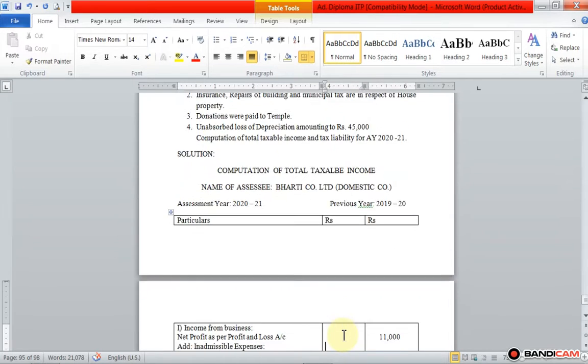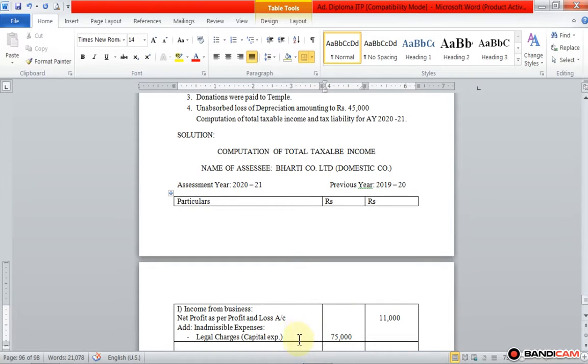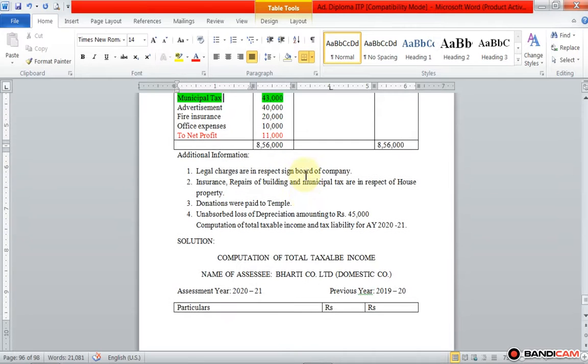Repairs relate to the house property, so repairs are disallowed. Repairs (house property) amounted to rupees 50,000.